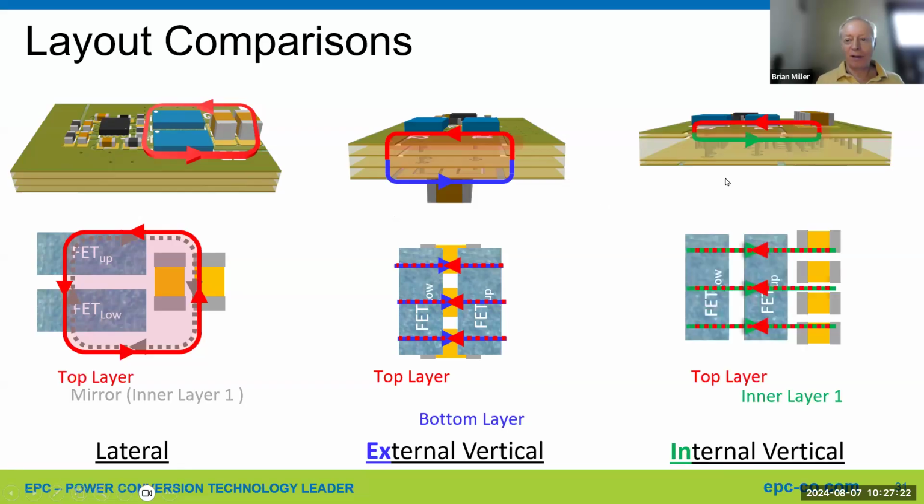The last one is what we call the more optimum loop, where it has similarities to both. On the top you have decoupling capacitors, then the top FET, then the bottom FET, and the first inner layer of the design. The ground return from the bottom FET goes in the first inner layer, and then makes a nice narrow loop.